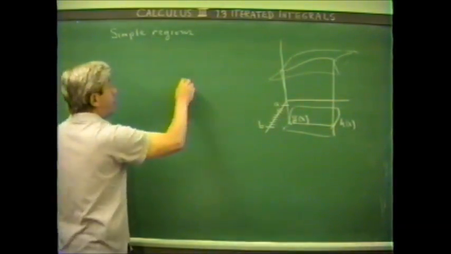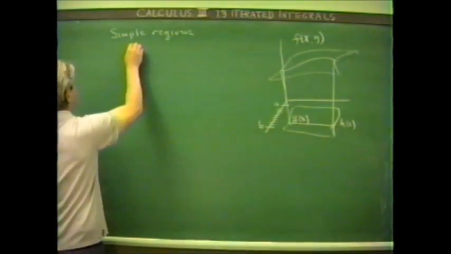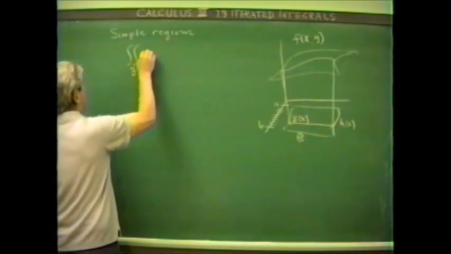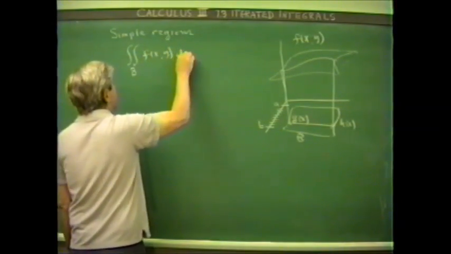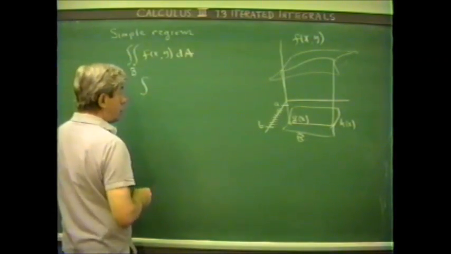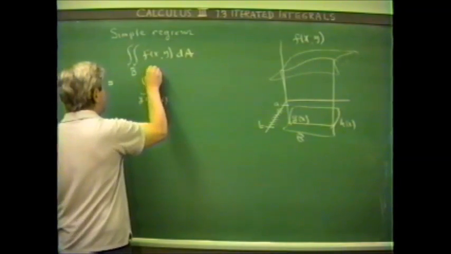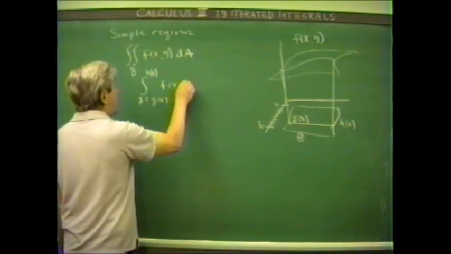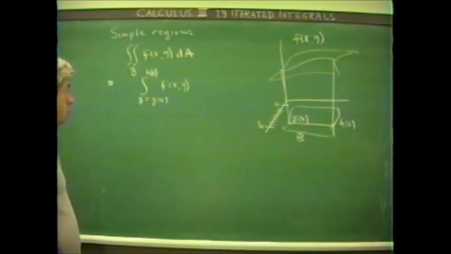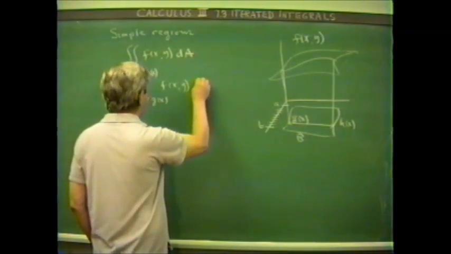So that, for example, if we've got f of x and y here, and we want to find the double integral over this region, call it B, of f of x and y with respect to area, this is going to be equal to the integral from y equals g of x to y equals h of x of f of x and y, with respect to y.